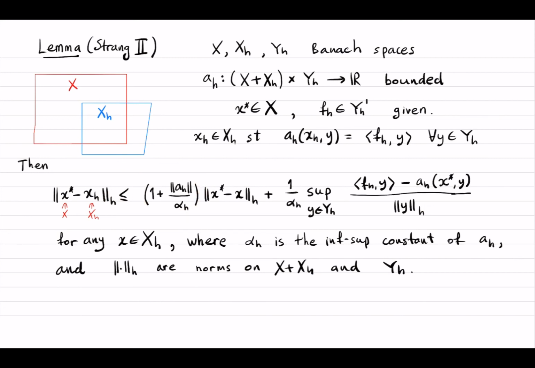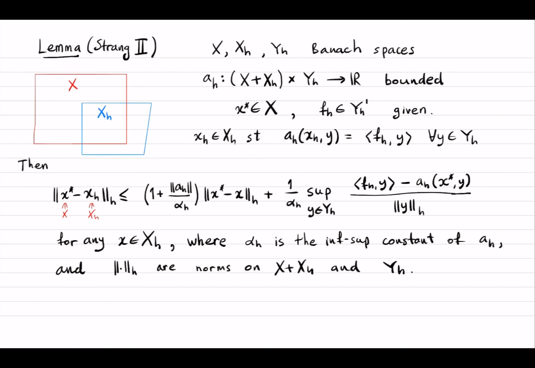What is different here is that this norm of a that was in the Strang's first lemma is replaced by the norm of a_h. There is no a actually in this lemma. That is multiplied by the error between x star and x. x is an arbitrary element from the finite element space, so there is actually an infimum over x here. Then we have this consistency term.